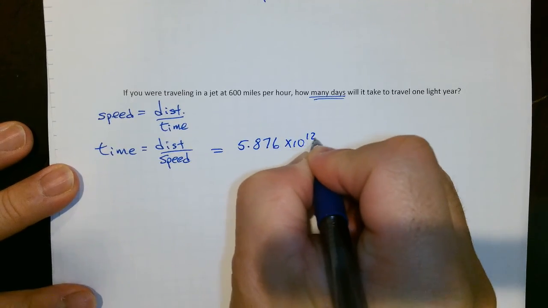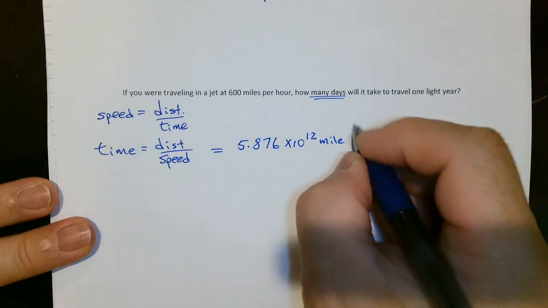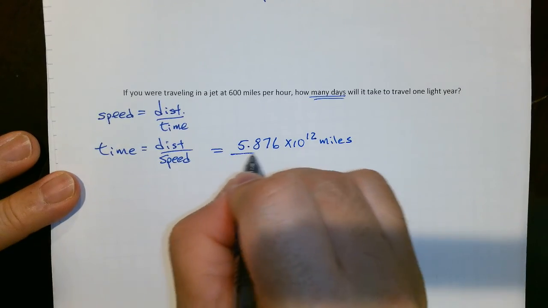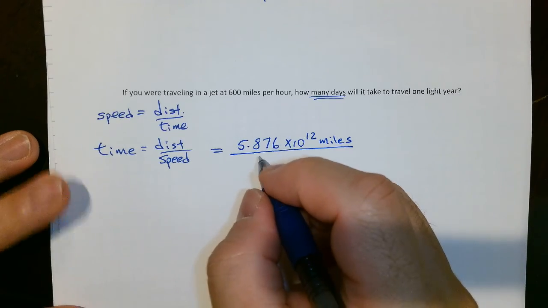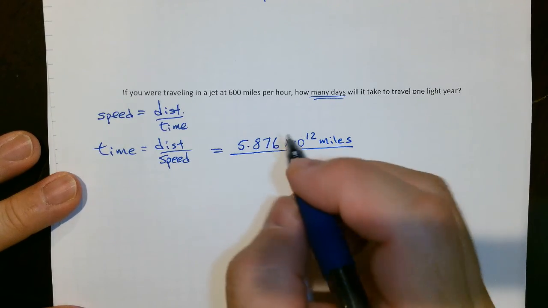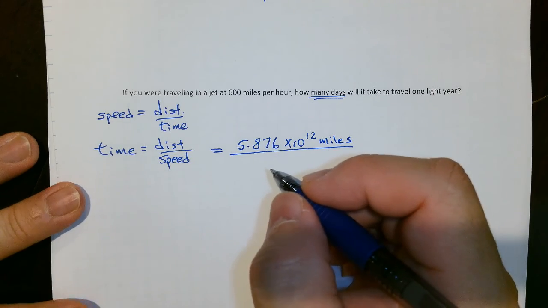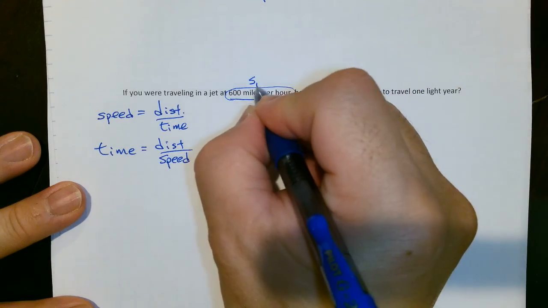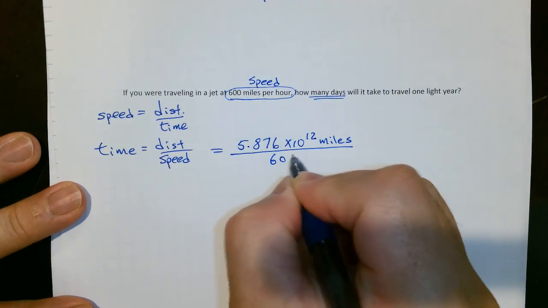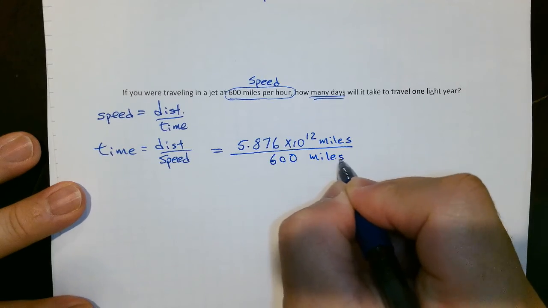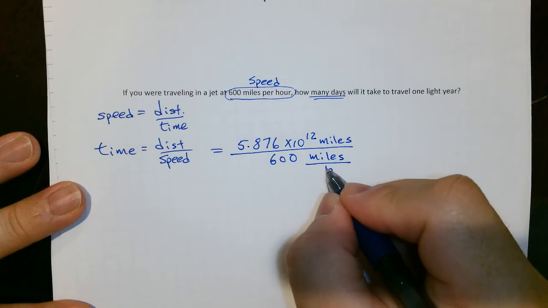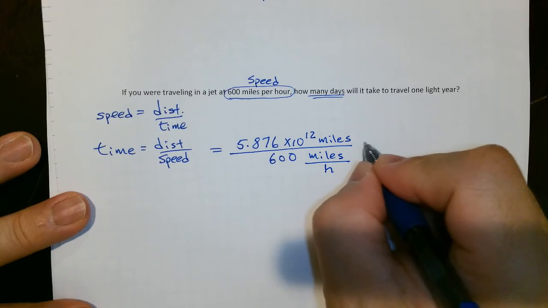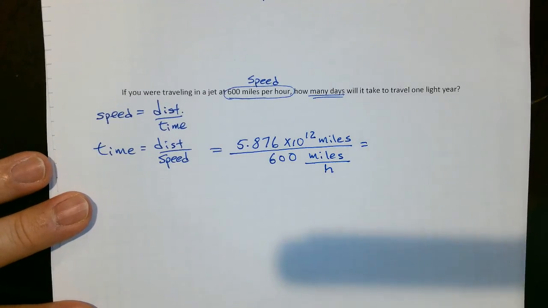So if we were to say distance is 5.876 times 10 to the 12th miles, and then we divide that by speed, which is 600 miles per hour, notice how the miles will cancel out and hours will go on top. Okay.